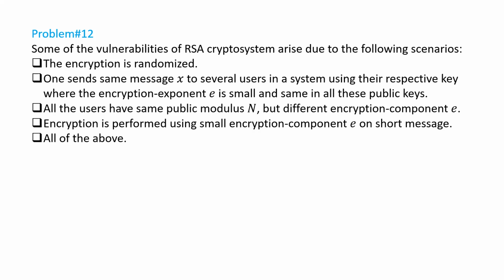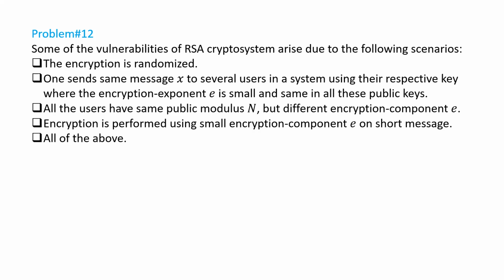Although the moduli n1, n2, and n3 are different for all these parties, the encryption exponent E is equal to 3 for all of them. And by seeing the corresponding ciphertext values, say C1 is equal to R cube mod n1, C2 is equal to R cube mod n2, and C3 is equal to R cube mod n3.